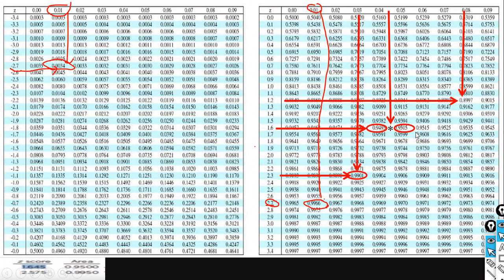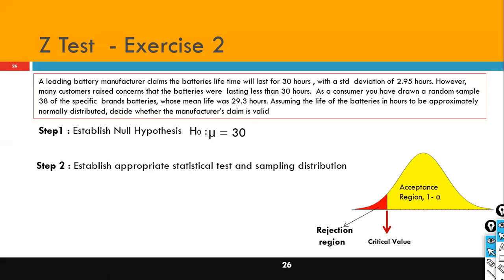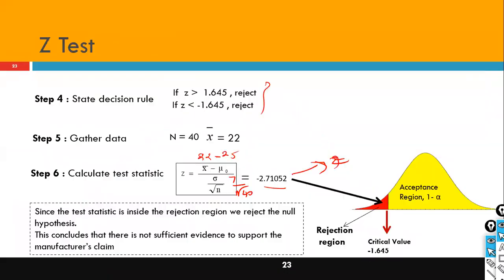So what is the corresponding horizontal value? 1.6, and the corresponding vertical is 0.04 and something between. So 1.6 plus 0.04 is 1.645, something like that. That is how we arrived at the critical value 1.645. We cannot say 1.650 because that is 0.9545, something like that. So 1.645.